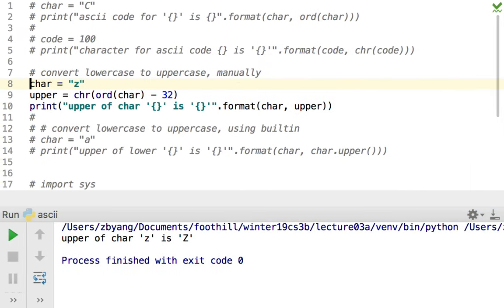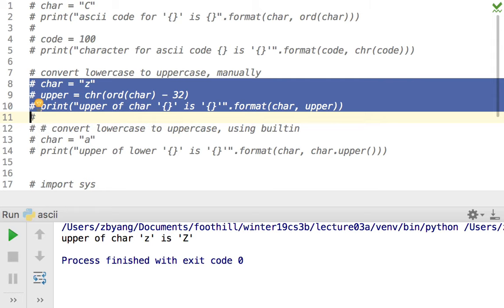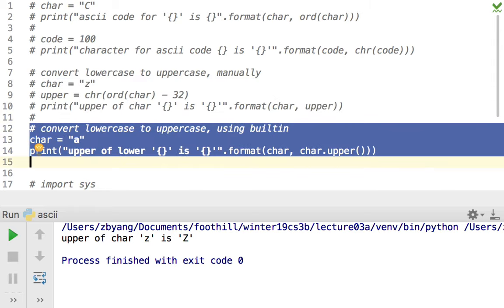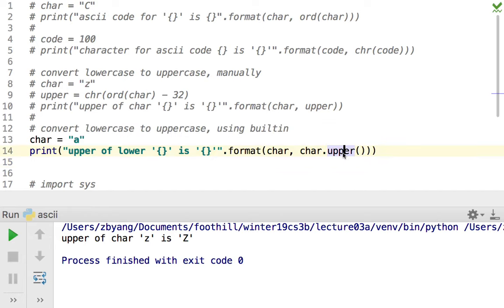So we can do this. And this is basically just using upper, and it will just do that for you.